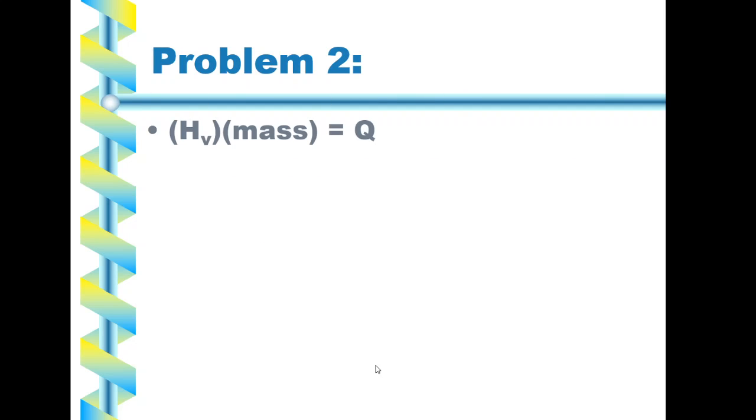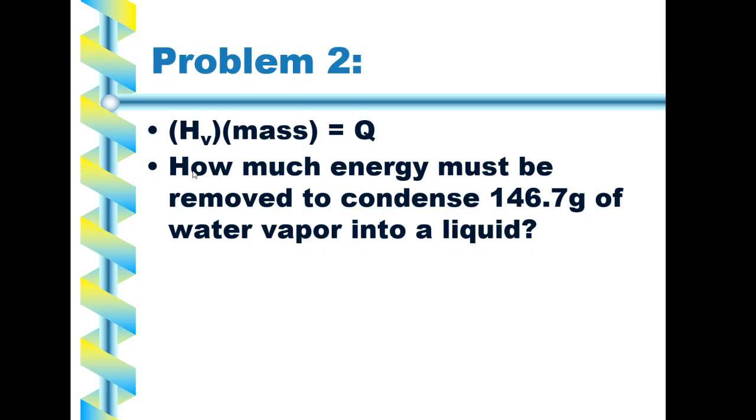So the second problem I'm going to give you is, how about heat of vaporization? So again, it's Q equals heat of vaporization times mass. How much energy must be removed to condense? So again, that tells me condense. That means I'm going from a gas to a liquid. So that means I'm using the heat of vaporization. And it gives me my mass, okay?